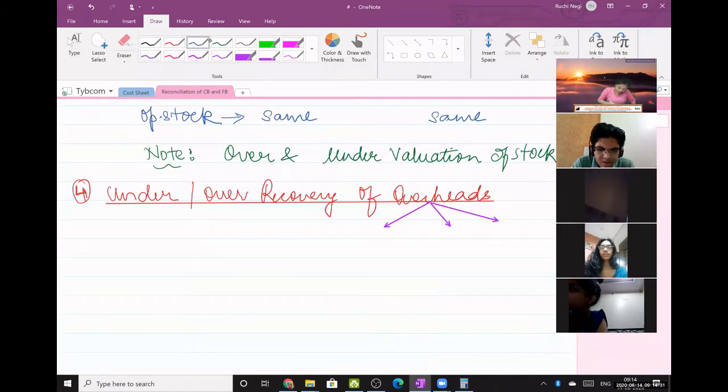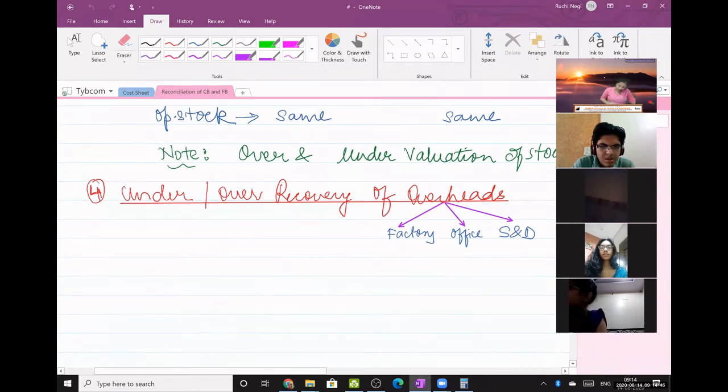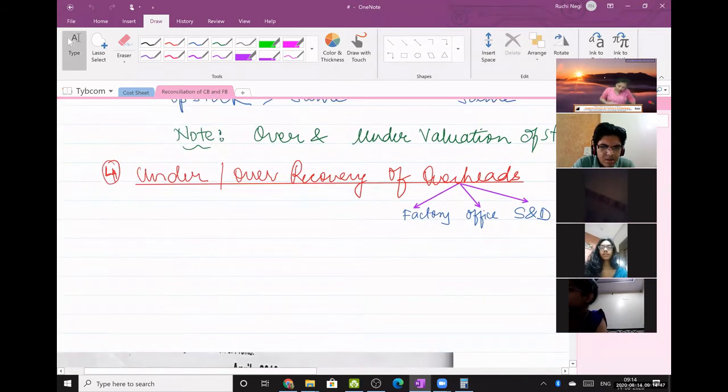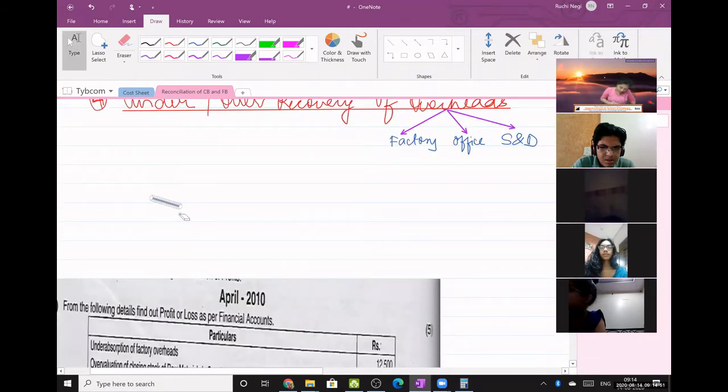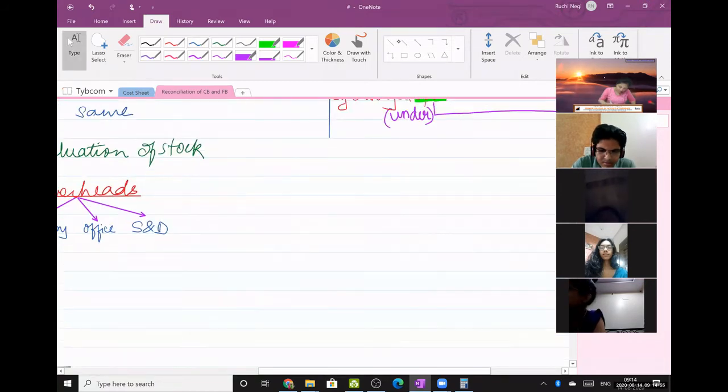I have factory overheads. I have office overheads. And I have selling and distribution overheads. Okay. Yeah. So same example लेते हैं. I'll put it here. This will be better.